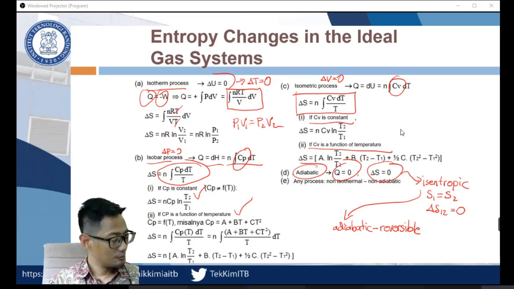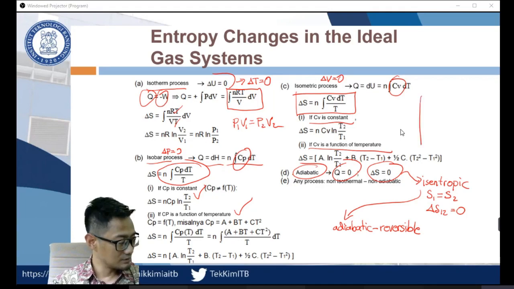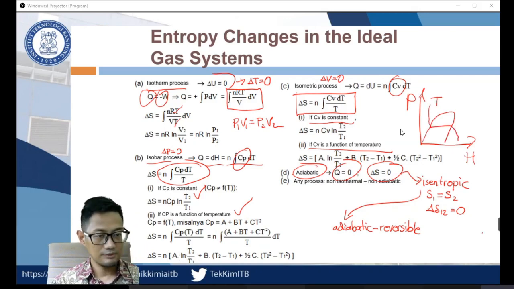And where does this isentropic condition occur? Remember the last diagram that Pak Sanggono mentioned? When we have the PH diagram, there is a dome forming like this. And then Pak Sanggono also explained this is the isothermal curve.